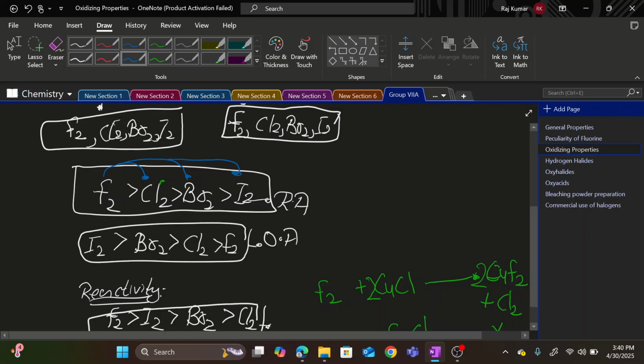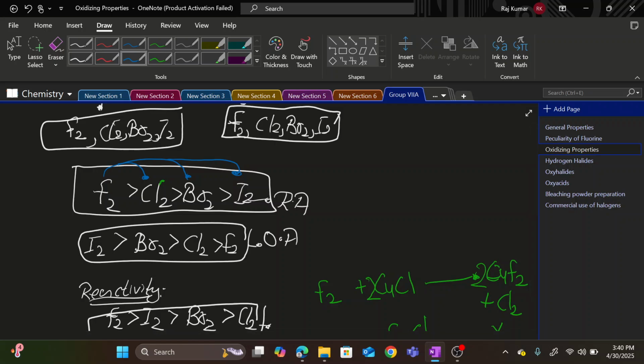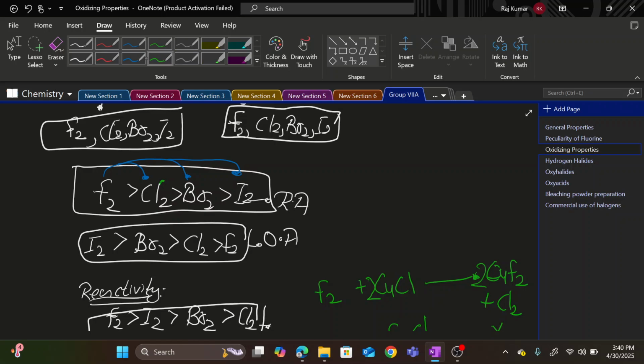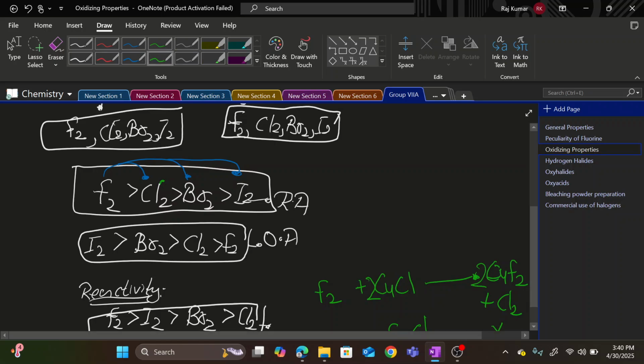But a halogen atom which is less reactive cannot displace the higher halogen atom. Fluorine can displace chlorine, bromine, iodine.